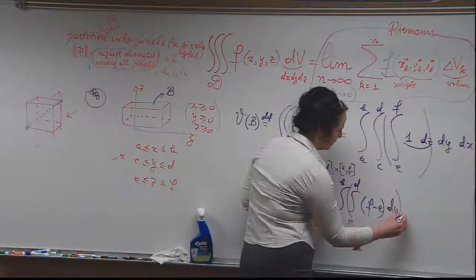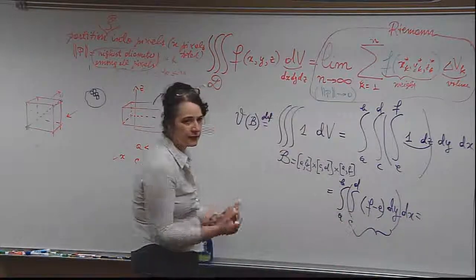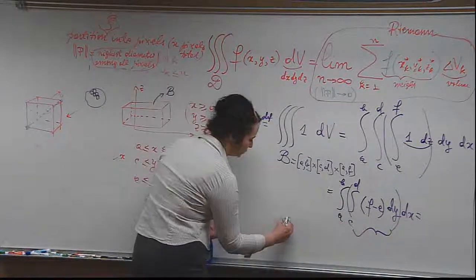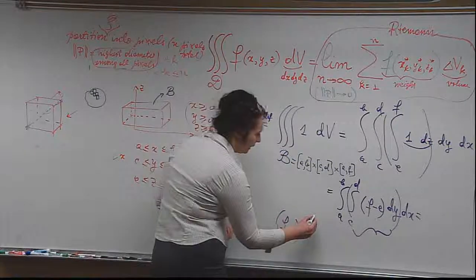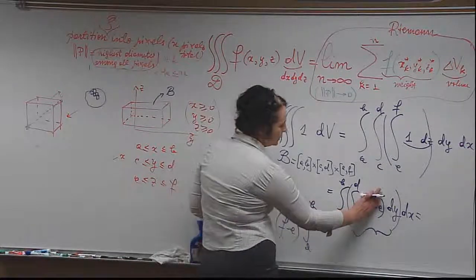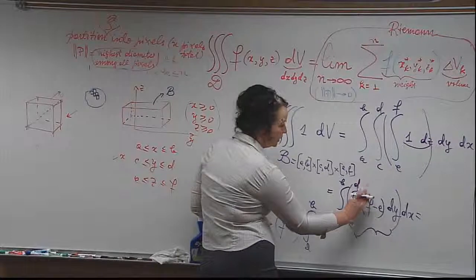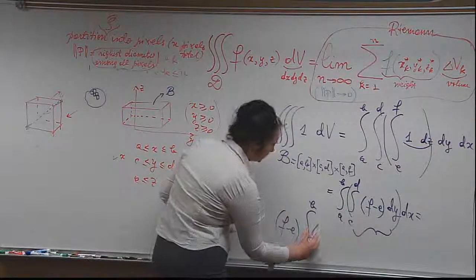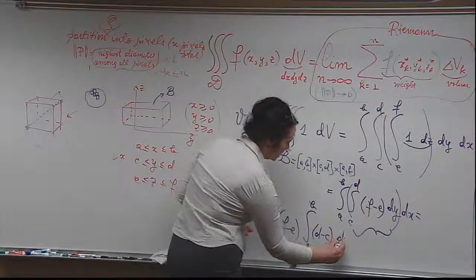Then dy dx. The one inside, f minus e, is a constant, pulls out completely out of the product, and then I have the integral from a to b of what is left? The integral of 1 dy, y between c and d. So d minus c, right? d minus c dx.